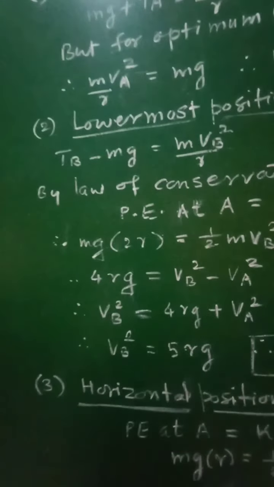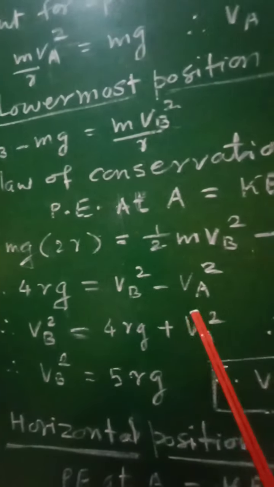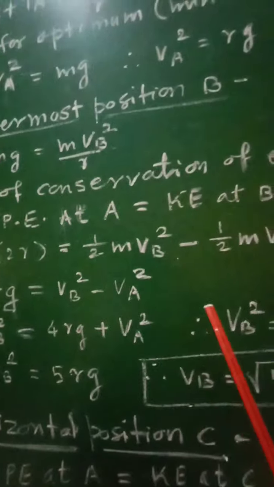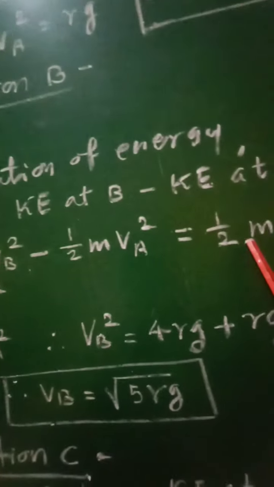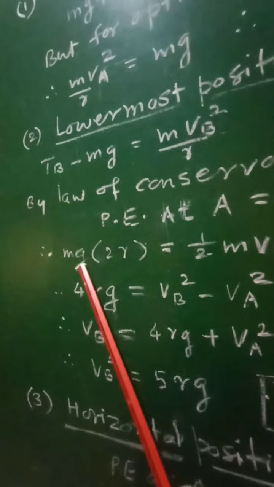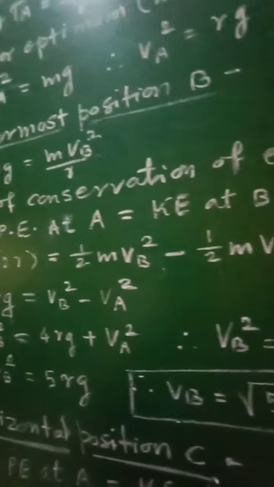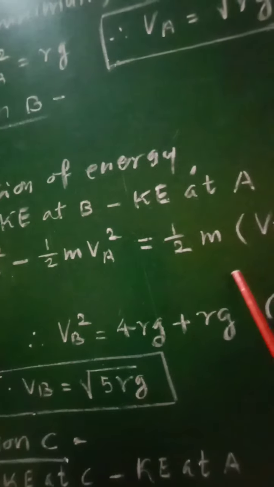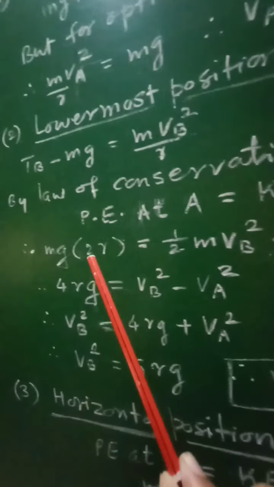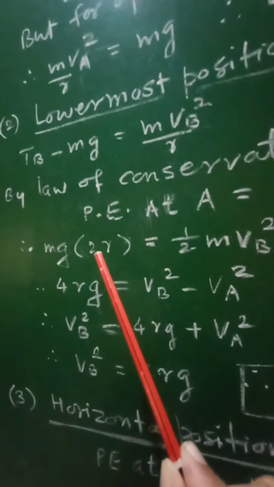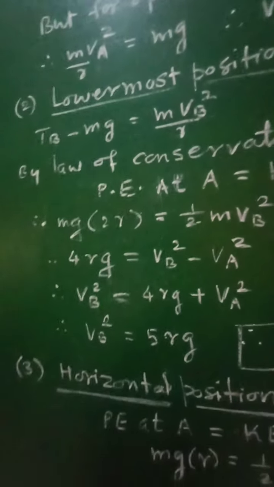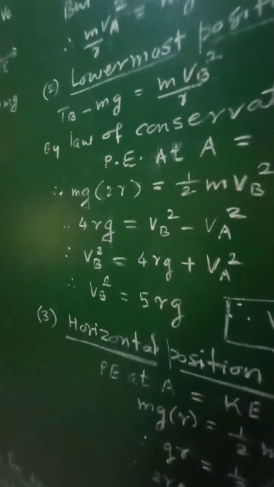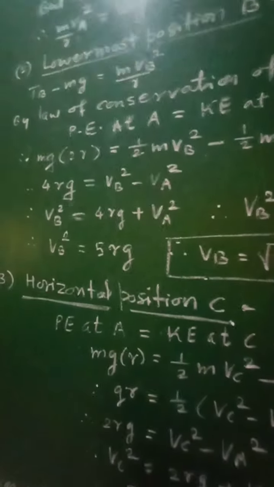Therefore we can write 4rg must be equal to VB square minus VA square. As mg into 2r is here, it is half m. Out of this, m will get cancelled. This 2 will be shifted towards left. Therefore 2 into 2 will get 4. So 4rg equal to VB square minus VA square. Therefore VB square will be equal to 4rg plus VA square.